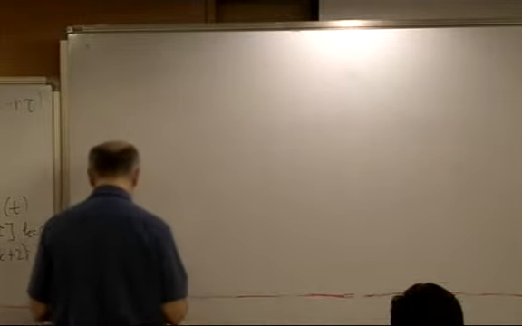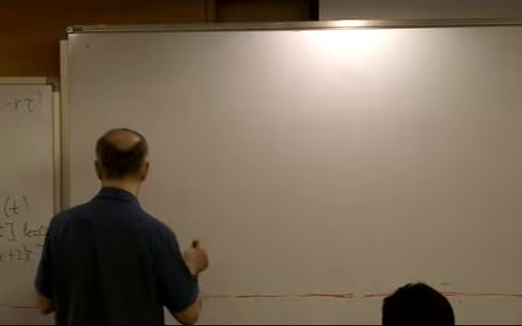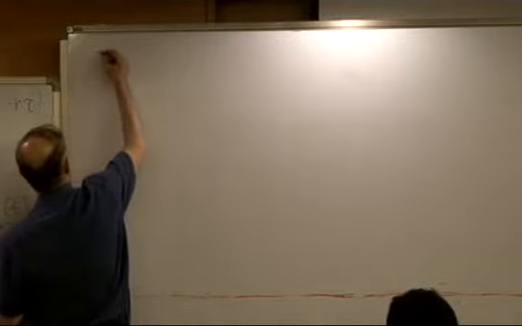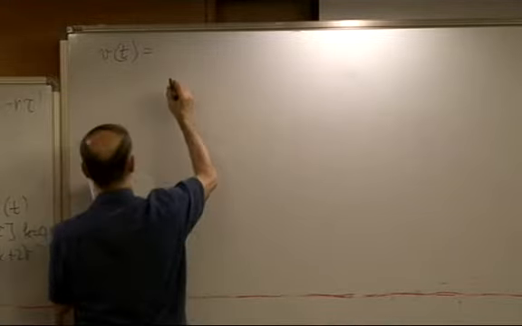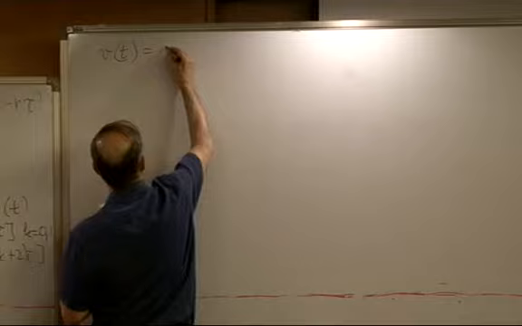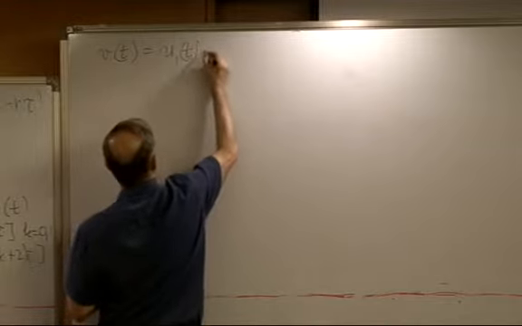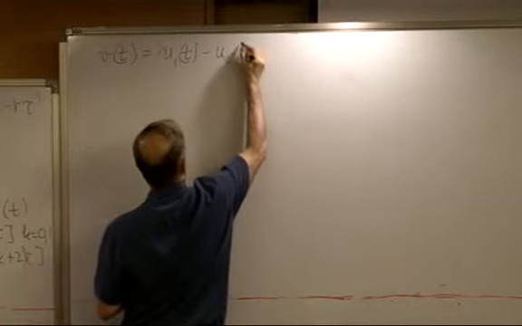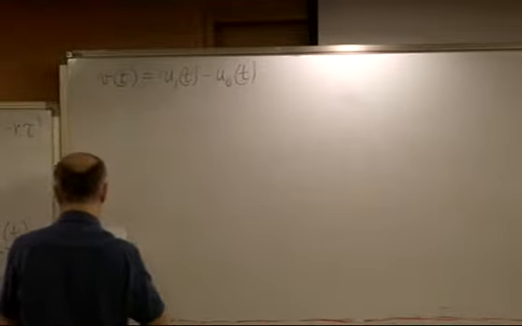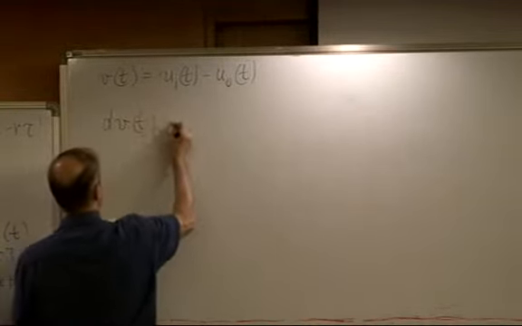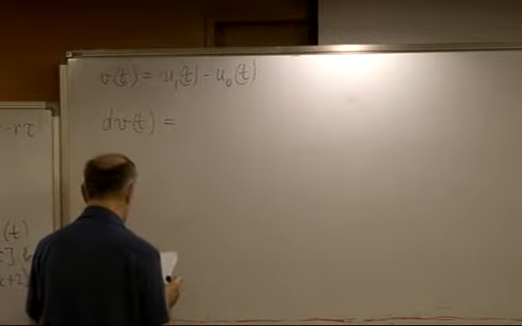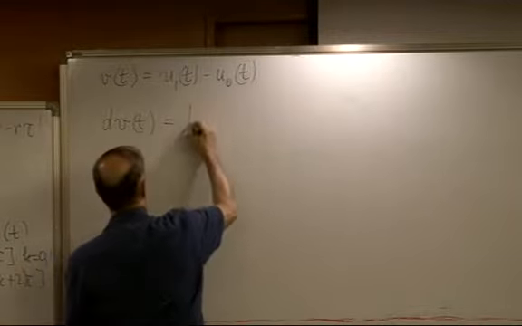And so we take the difference, and we want an equation as usual for the difference, which is u1t minus u0t, and let me write down the equation for this. dvt, just subtracting the two, but with a little bit of rewriting.